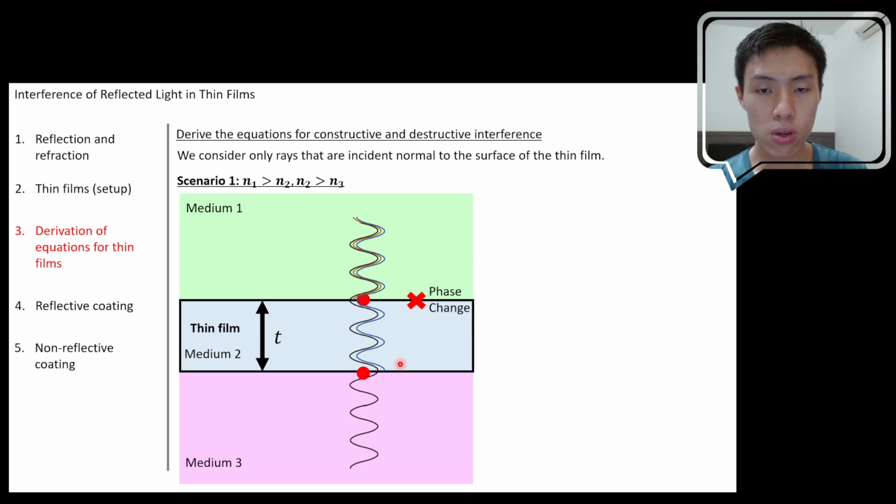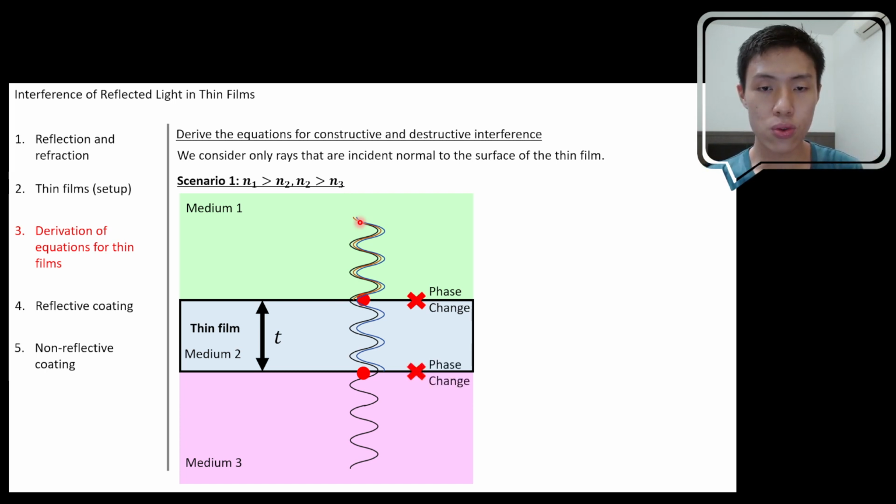So when this blue reflected wave gets transmitted out to medium 1, it will interfere with the brown reflected wave reflected from the upper surface. So what's reflected from the lower surface will interfere with what's reflected from the upper surface of the thin film.